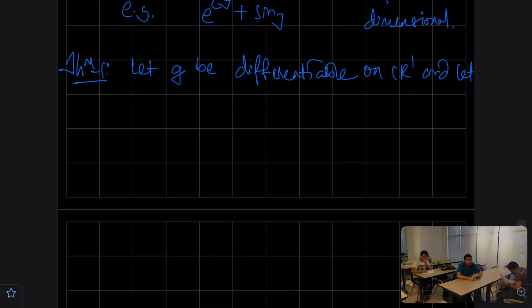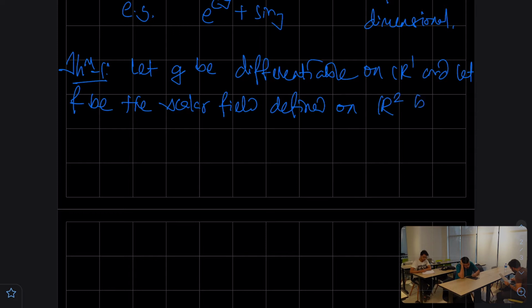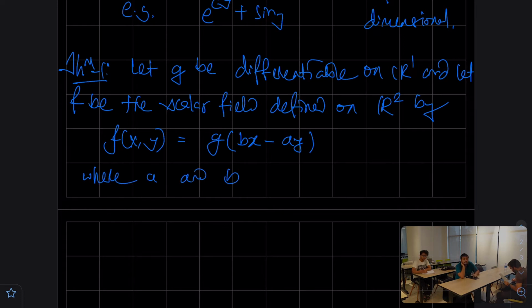And let F be the scalar field defined on R2 by f of x comma y equal to g of bx minus ay, where a and b are constants, not both 0.